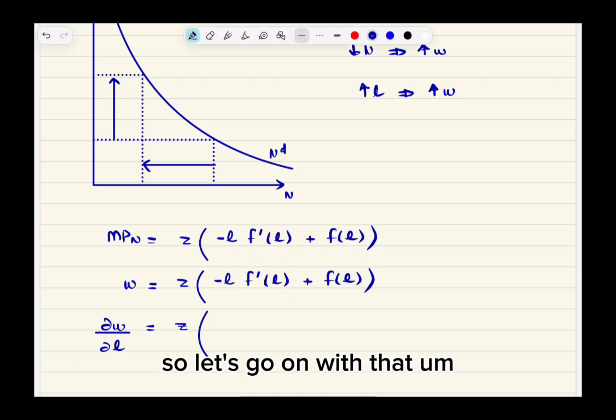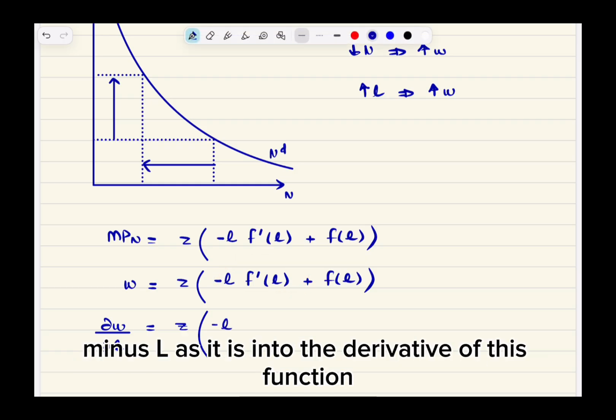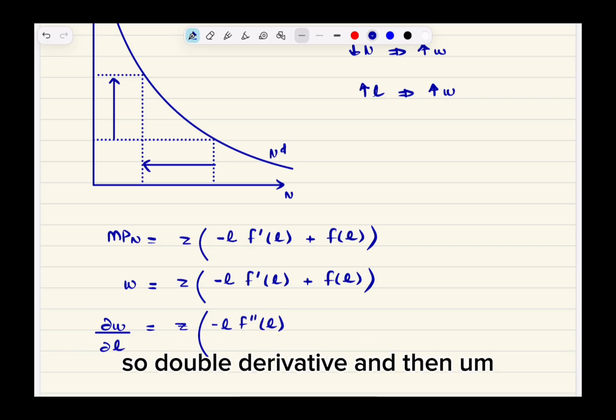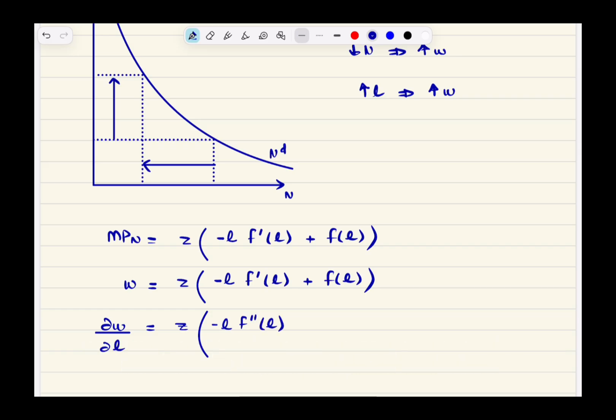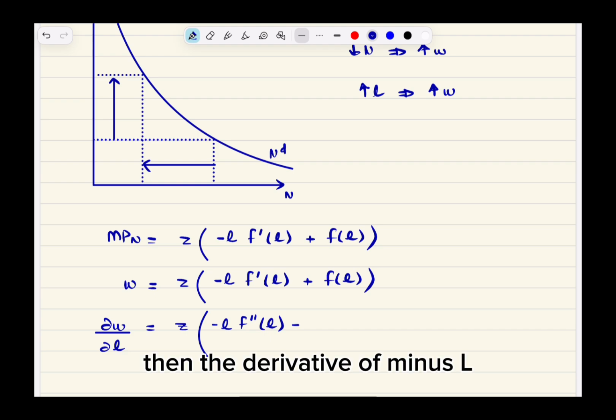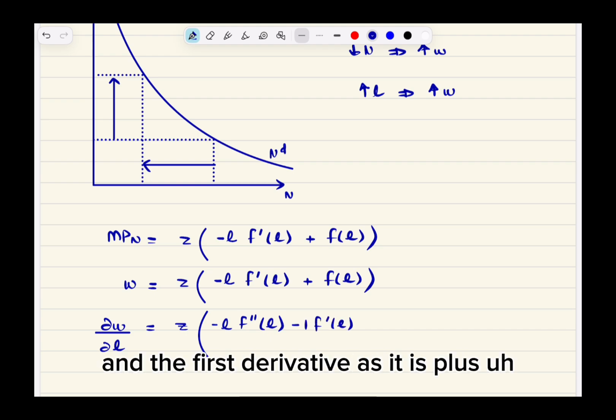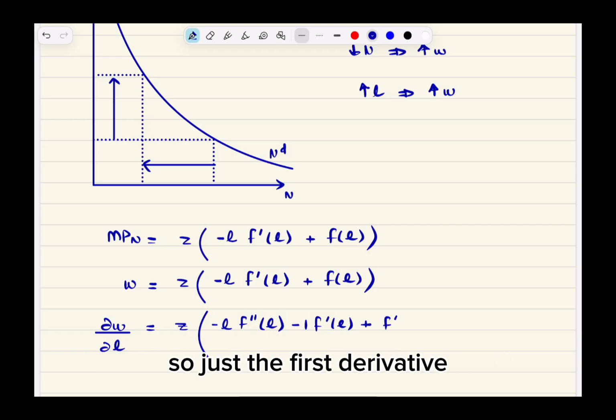So let's go on with that. Minus L as it is into the derivative of this function, so the double derivative, and then the derivative of minus L, which is just a 1, and the first derivative as it is, plus the first derivative.